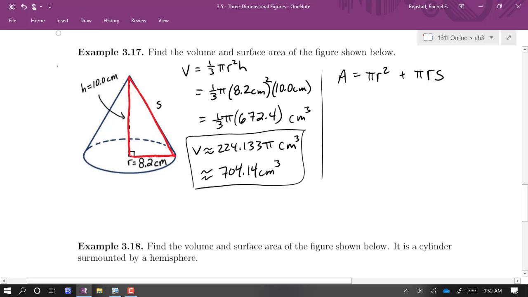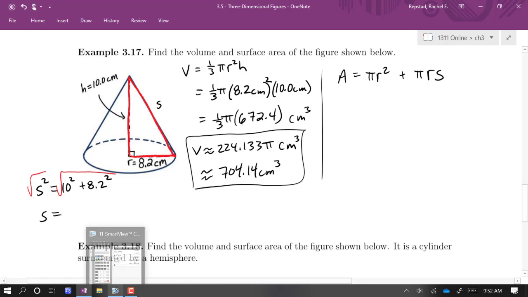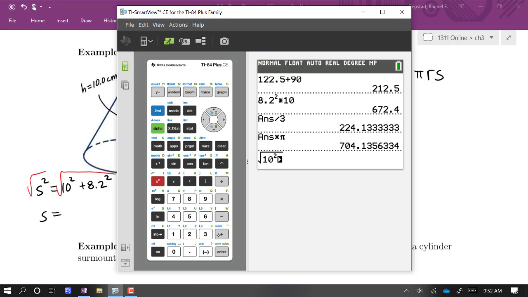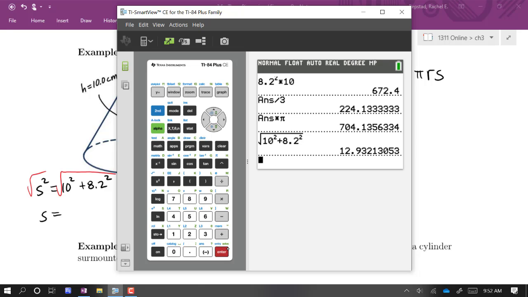We know that s squared is equal to 10 squared plus 8.2 squared. And then we can take the square root. We probably have to approximate this. So the square root of 10 squared plus 8.2 squared gives us 12.93.